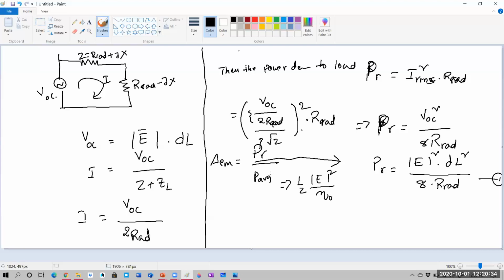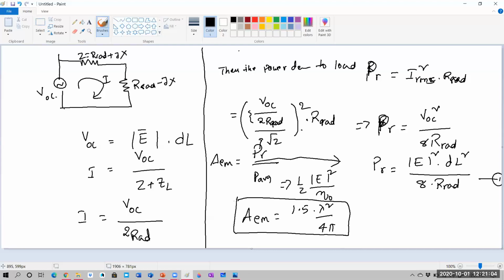Substituting P_average and P_r, we finally get the effective aperture A_em equal to 1.5 lambda squared by 4 pi.